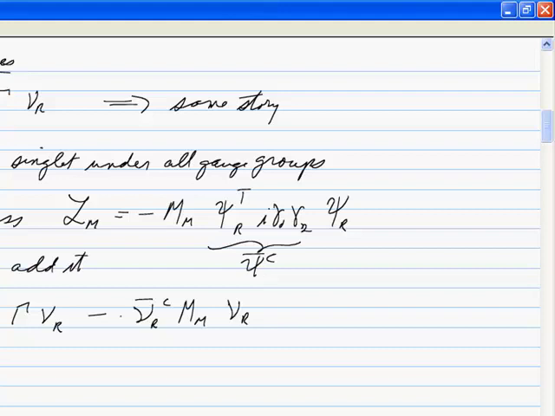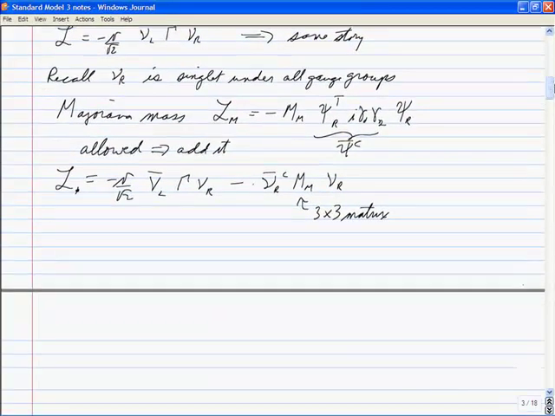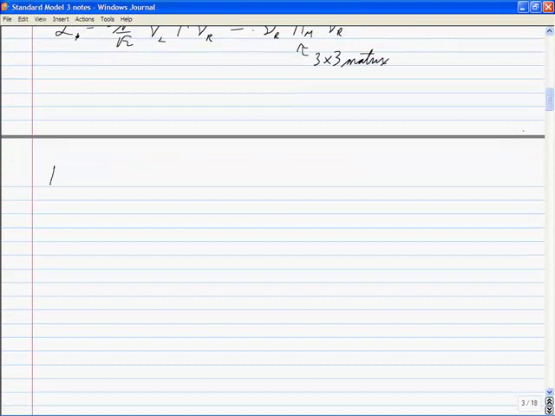That's sort of standard notation. And this in principle can be a 3 by 3 matrix also. Okay. So what's the effect of that? Let's deal with just one flavor.